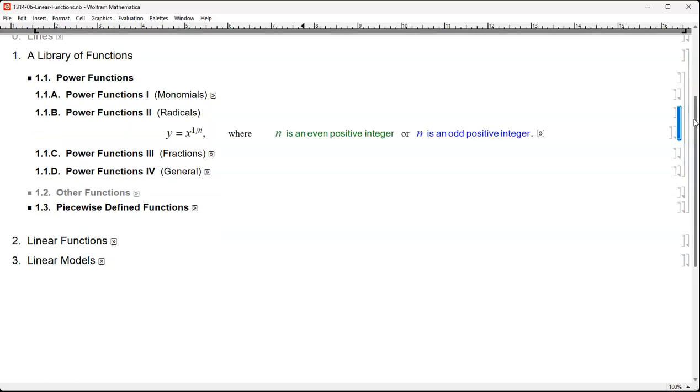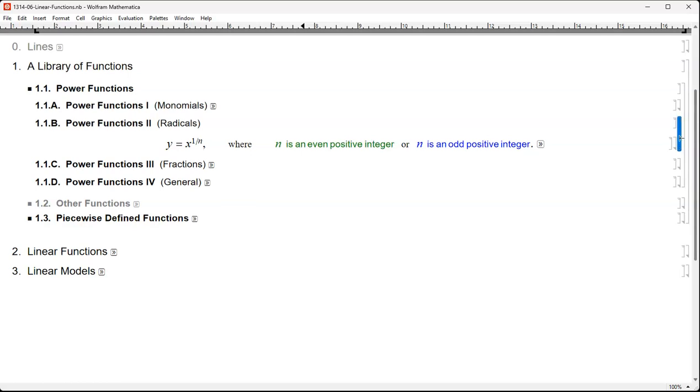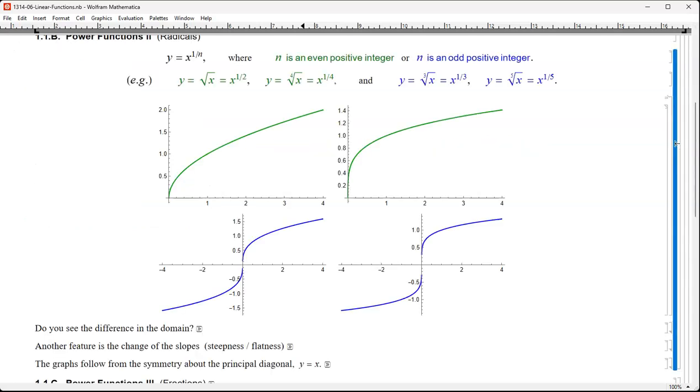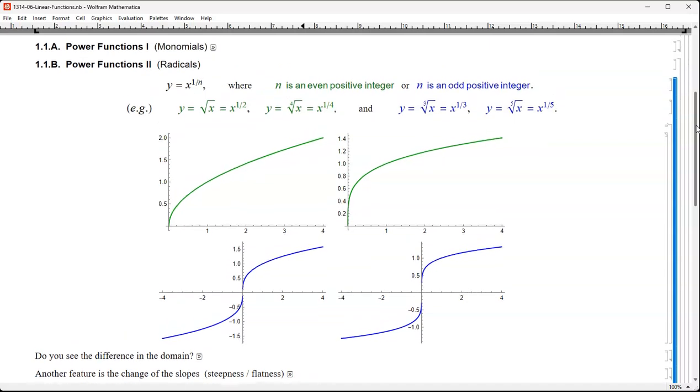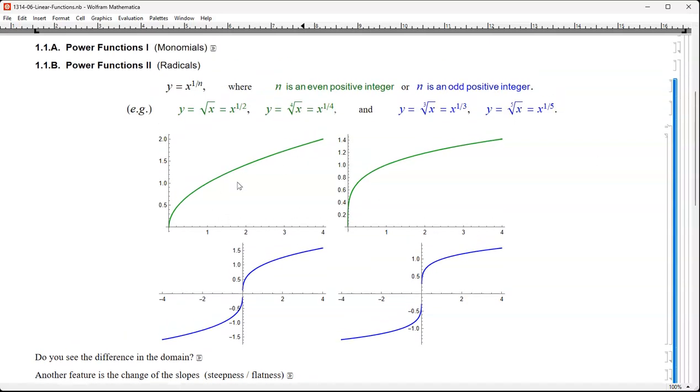The second category, the power is 1 over n. In that case, we have radical functions. Here, second radical, so square root, and then third radical, so cube root, and this is fourth root and fifth root, etc. The even root functions, square root, fourth root, sixth root, those kinds of things have a valid domain only for x greater than or equal to 0.